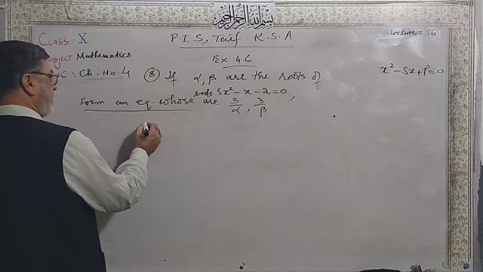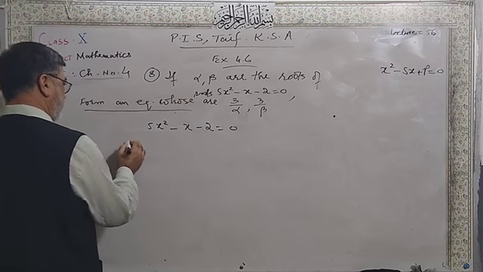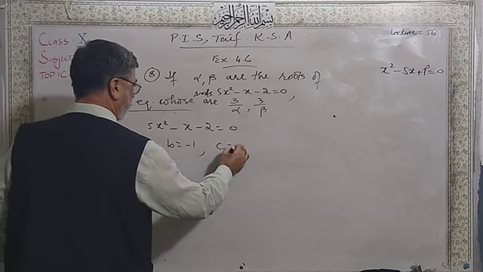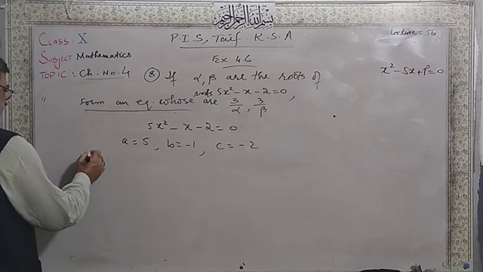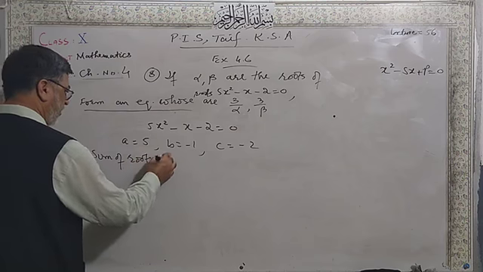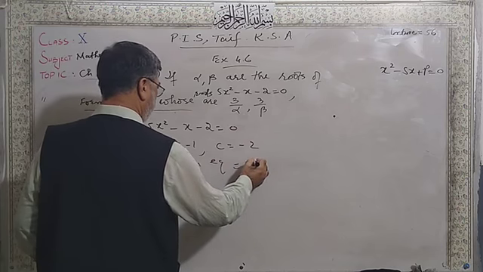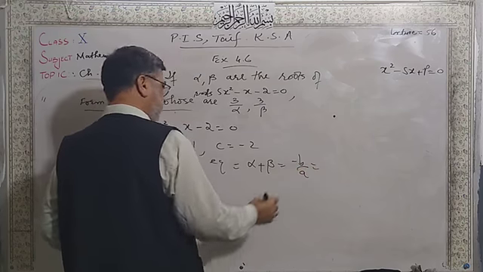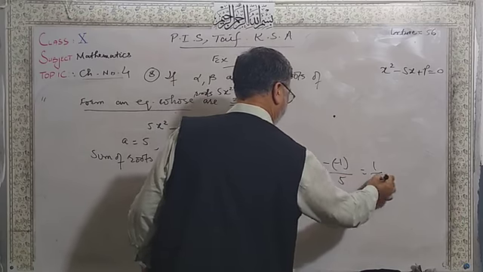You know that the given equation is 5x square minus x minus 2 is equal to 0, a is equal to 5, b is equal to minus 1, and c is equal to minus 2. We will have sum of roots of the given equation, that is alpha plus beta is equal to minus b over a. This is your formula. Minus into minus 1 over 5, that is 1 over 5.